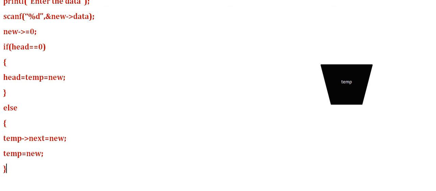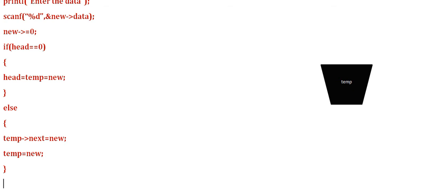So now head will point at the head position only, and temp will have the address of the new node. So using this notation I can create multiple nodes without disturbing this process. I hope you understood the logic, right?